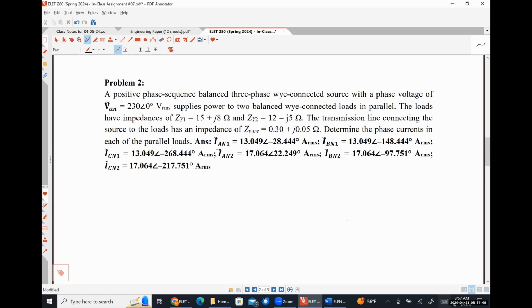The transmission line connecting the source to the loads has an impedance of 0.3 plus J0.05. And we are asked to determine the phase currents in each of the parallel loads. This is kind of new because instead of having a single load, we now have 2 loads that are connected in parallel to each other. So let's draw a picture that represents what that's going to look like.